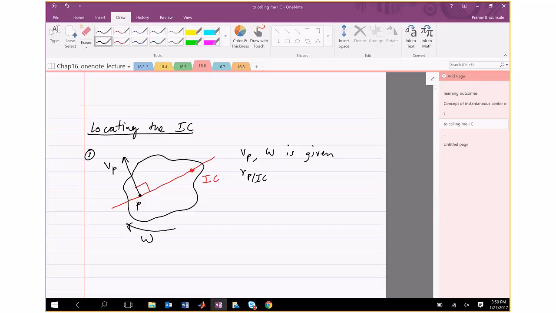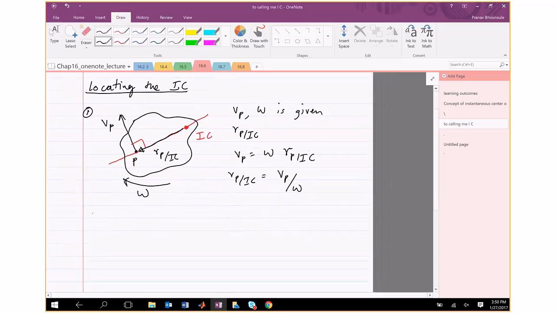To get the exact position, we use the formula Vp is omega times Rp with respect to IC, and so Rp with respect to IC is Vp divided by omega. So this is going to be a vector pointing this way, Rp with respect to IC. So knowing Vp and knowing omega, you can find Rp with respect to IC. So this is only when you know Vp and omega.